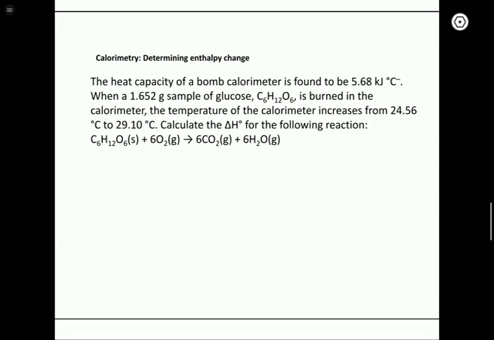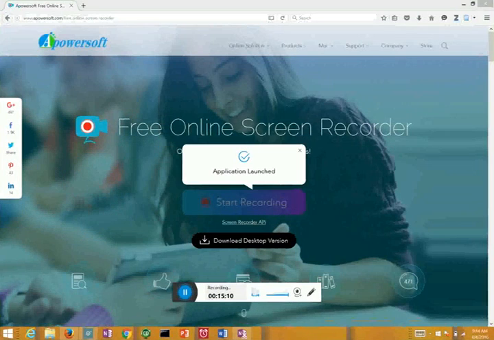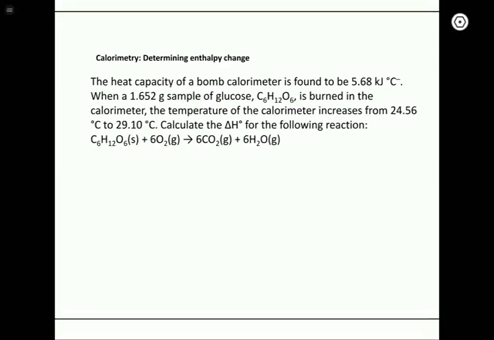Now the next type of calorimetry problem we'll do is determining enthalpy change. So here we have a calorimeter with, there should be a 1 there, I keep copying these questions wrong. The heat capacity of a bomb calorimeter is found to be 5.68 kilojoules per degree Celsius.